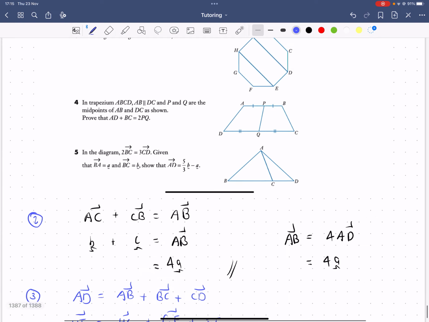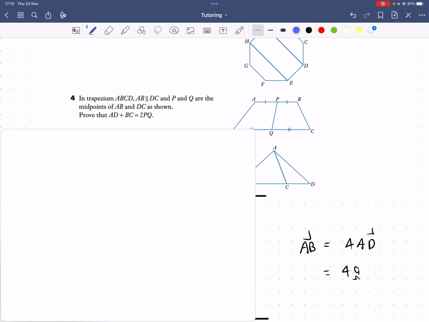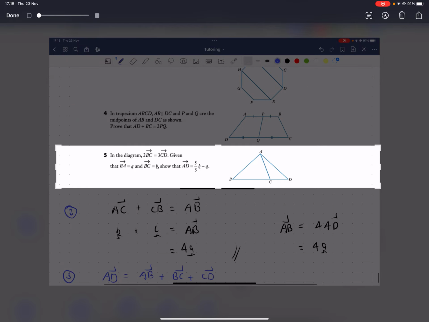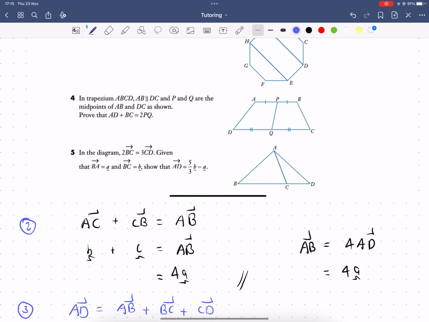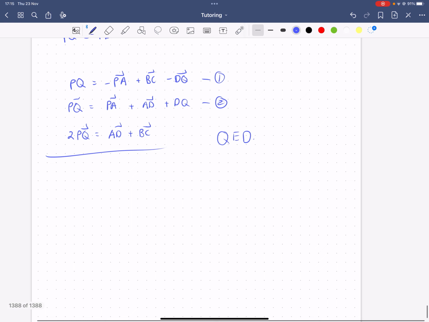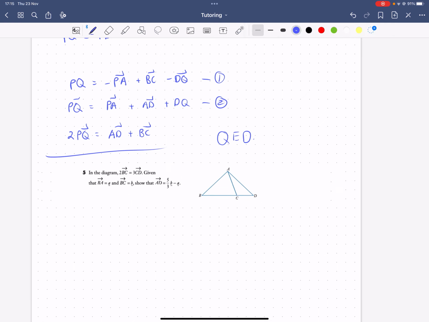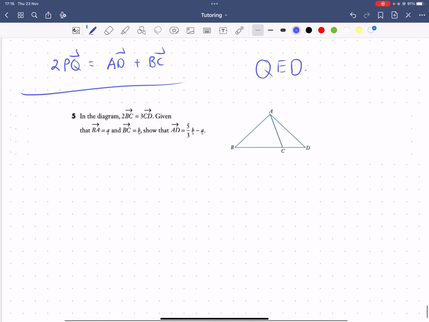And the last one. I might screenshot this and move it down again. So I've got in the diagram 2BC is equal to 3CD, so we might put a 2 here.